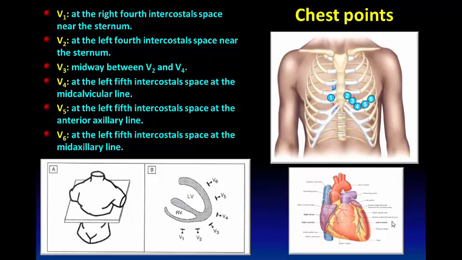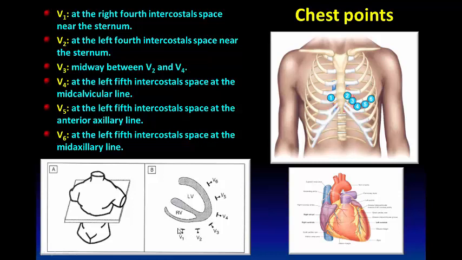This anterolateral surface is formed by the left ventricle, and we have an inferior surface or a diaphragmatic surface formed by both ventricles. If we take a cross section through the heart, through the ventricles, we will see that the right ventricle forms the anterior surface of the heart, and the left ventricle forms the anterolateral surface of the heart.